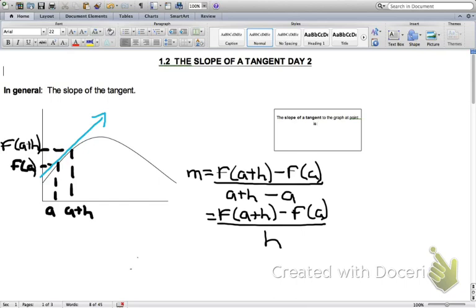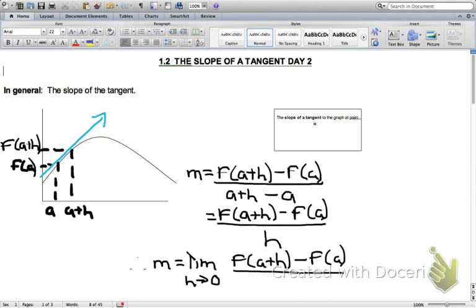So therefore, in general, our slope of the tangent is equal to the limit as h approaches 0 of f at A plus h minus f at A all over h. So above we can fill this out.